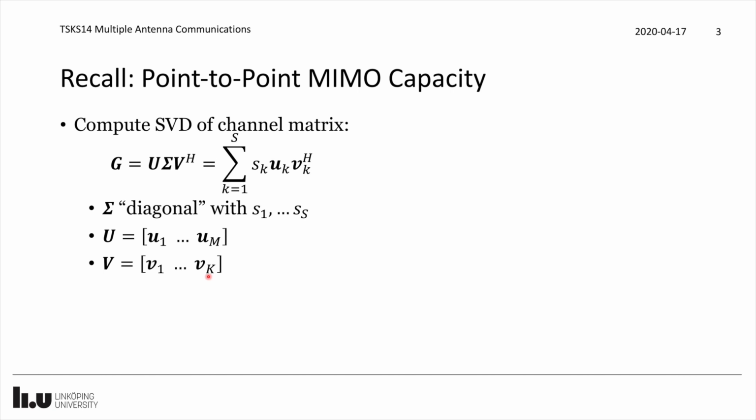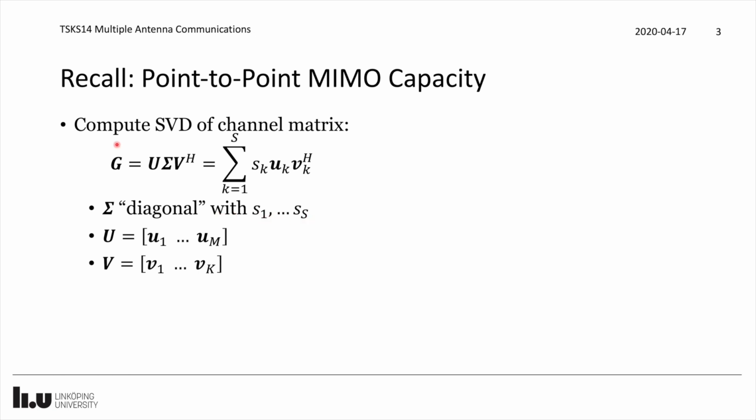And in that way, we can divide the point-to-point MIMO channel into capital S different parallel channels, and each of them has a gain, S1 to S capital S. And these are appearing in this matrix sigma, which is a diagonal or rectangular matrix with these values on the main diagonal.